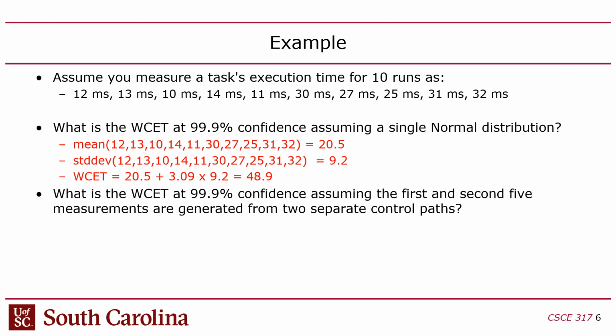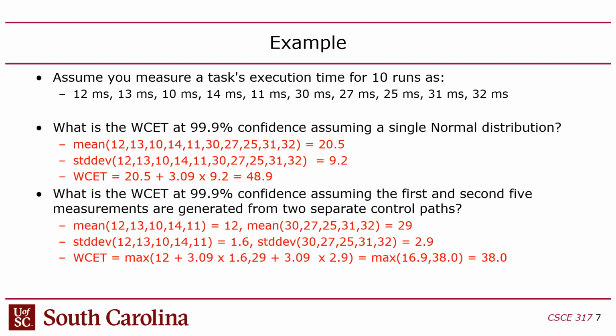But what if you knew that the first and second 5 measurements are generated from 2 separate control paths in the code? In that case, you can calculate 2 means and 2 standard deviations. The first 5, 1, 2, 3, 4, 5, the average is 12. And if you take the last 5, the average there is 29.